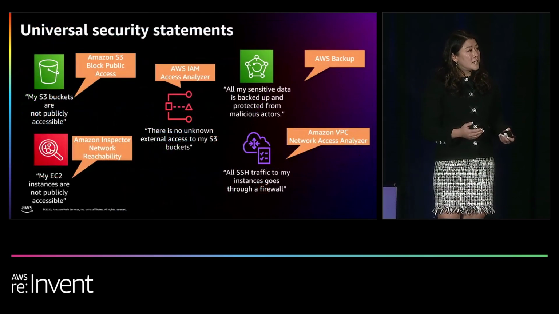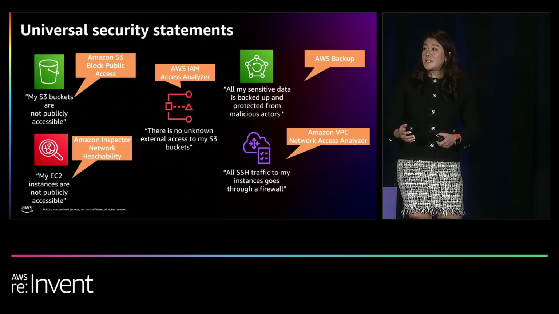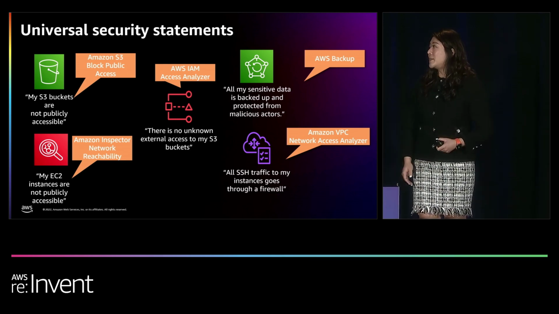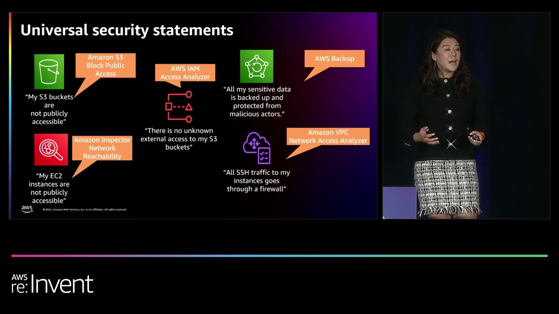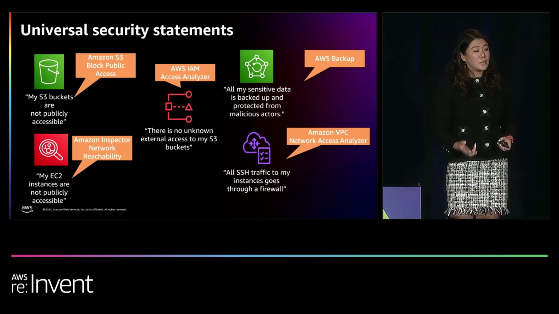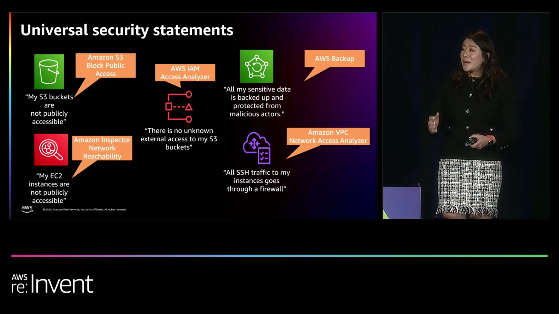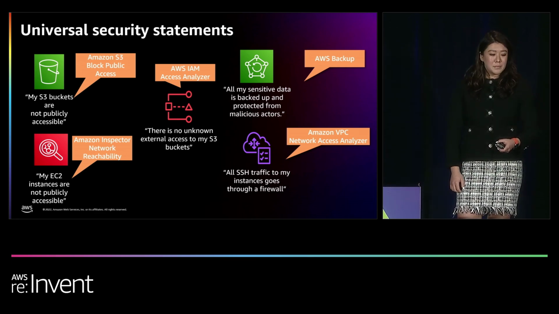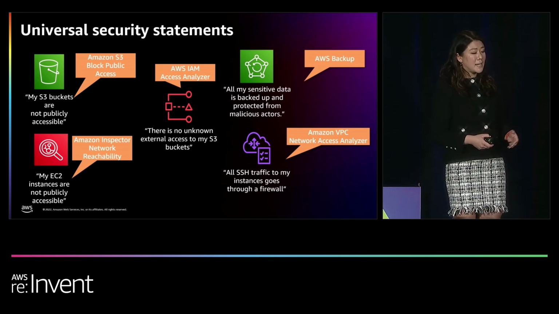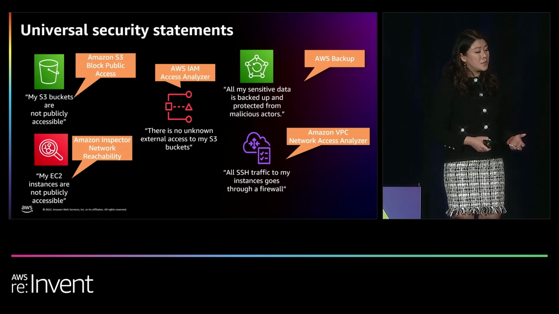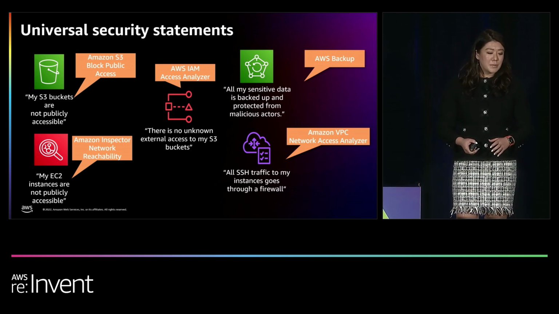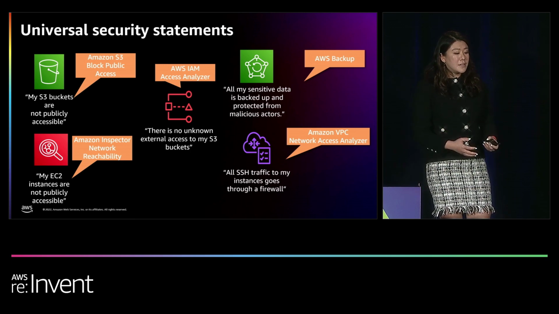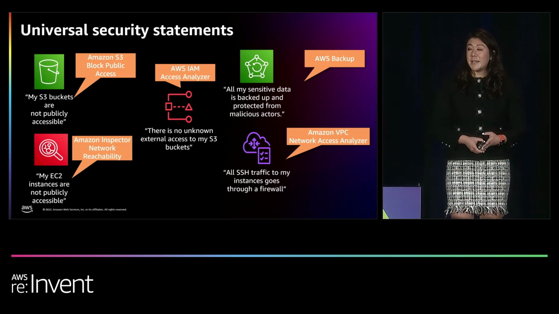So with that said, in summary, it's not just enough to say, I think this is protected, or I think most of my environment is protected. We want to show you how, and give you the confidence to make these universal statements. I know without a shadow of a doubt that all of my S3 buckets are not publicly accessible, by using Amazon S3 Block Public Access, that all of my EC2 instances are not publicly accessible, and you can do that via Amazon Inspector, and that there's no unknown external access to my S3 buckets.